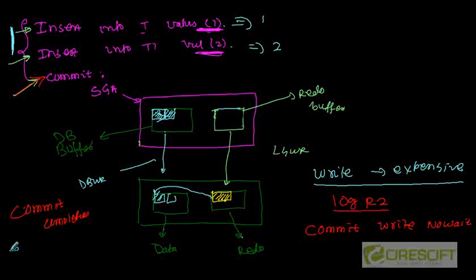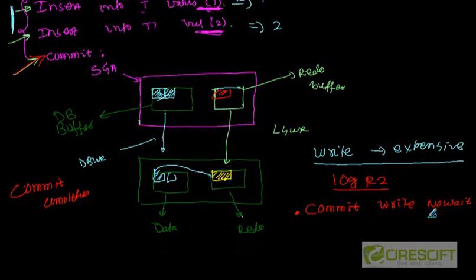But in that case the log writer may not have written to the redo log file. The log writer is told to go on and write the dirty buffers available here to the redo log file, but it has not yet written.